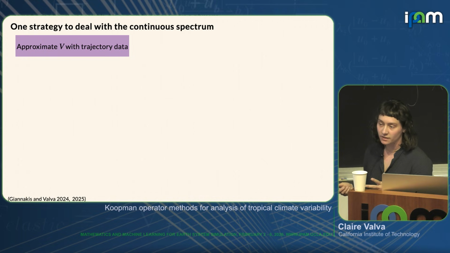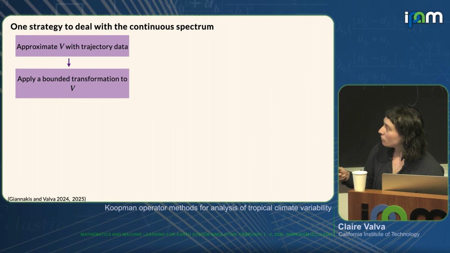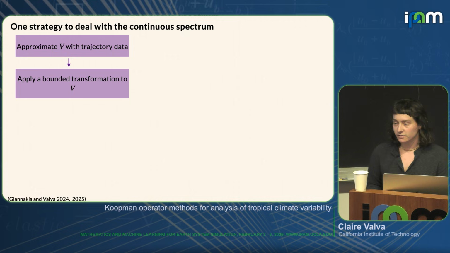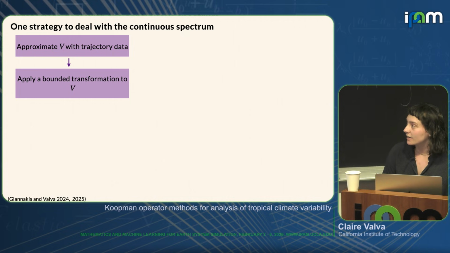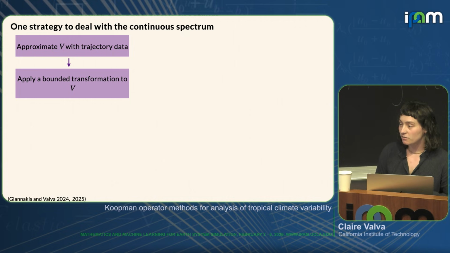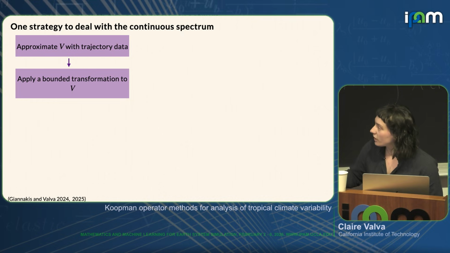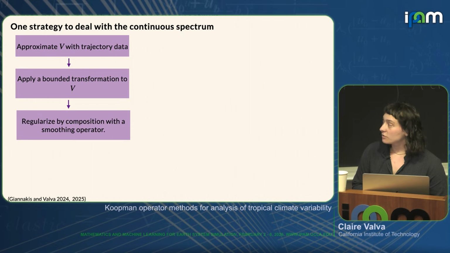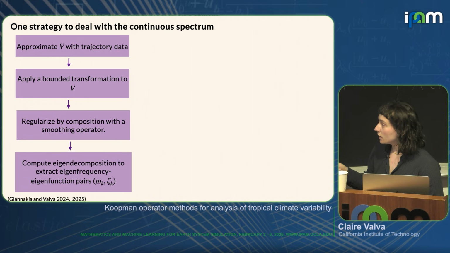It gives you some nice RKHS formalism if you're familiar with that. We'll then apply some sort of bounded transformation to V. I mentioned that this might not necessarily be bounded. In fact, it usually isn't. So I'll work with a bounded version of this that we can then get back through some eigenvalue problems. We'll then do a smoothing step, and then we'll do some eigenvalue problem.